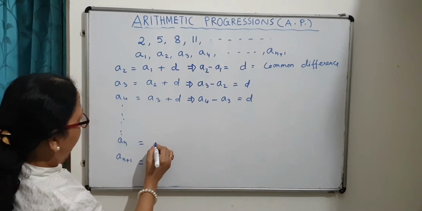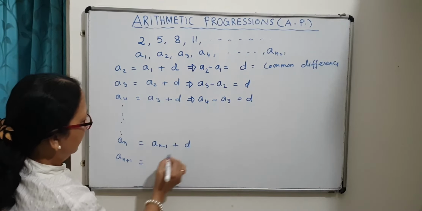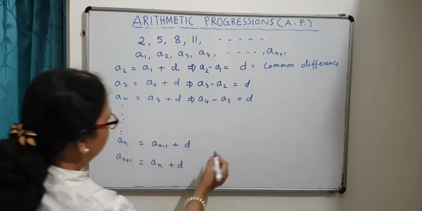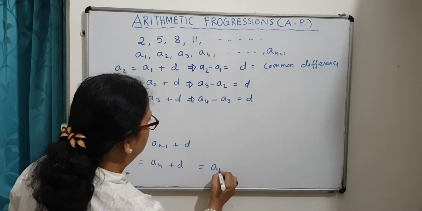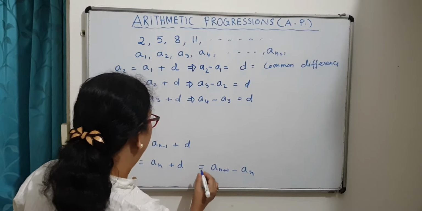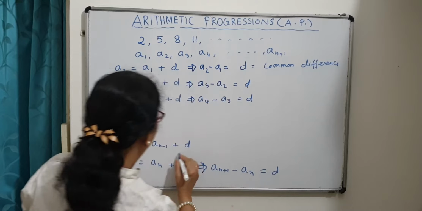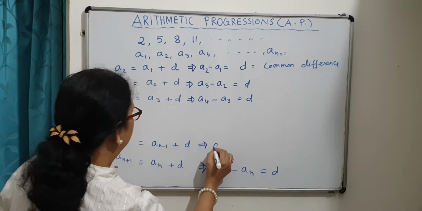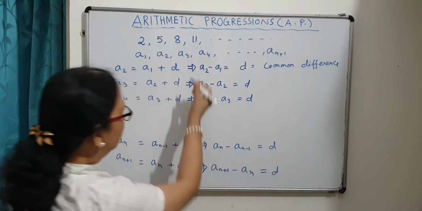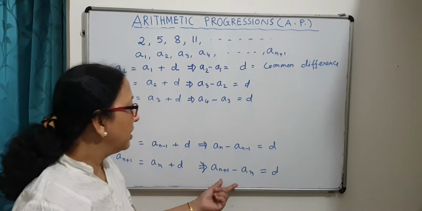Then it will be AN minus 1 plus D, and it will be AN plus D. So from each I am getting AN plus 1 minus AN equal to D. Also from here I will be getting AN minus AN minus 1 equal to D. So this is the main feature of the arithmetic progression sequence.